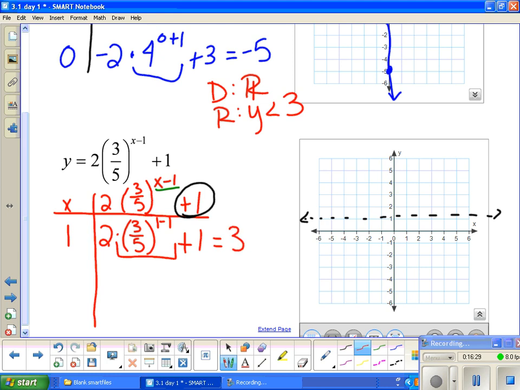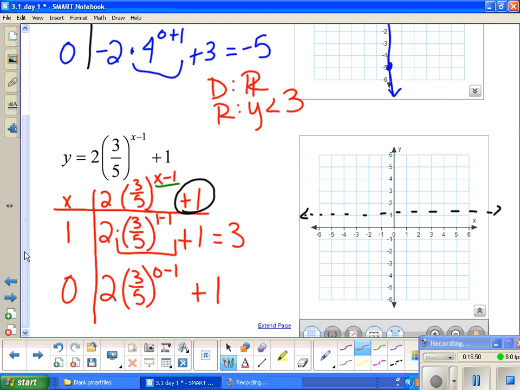And then I'm going to choose, let's choose 2. I think 2 is probably easier because that keeps that positive. Or I can choose 0. We'll go ahead and do 0. Well, now this makes it a little more complicated.